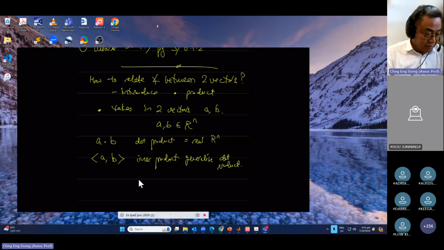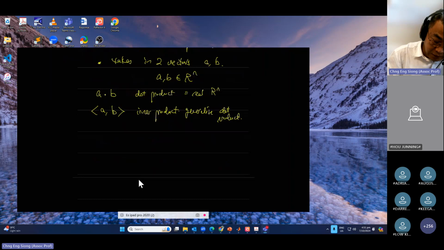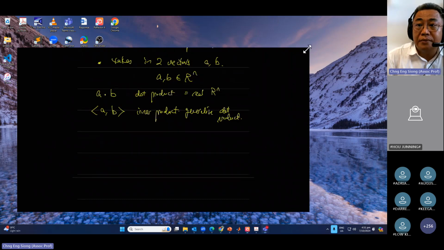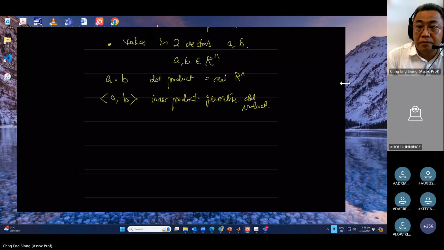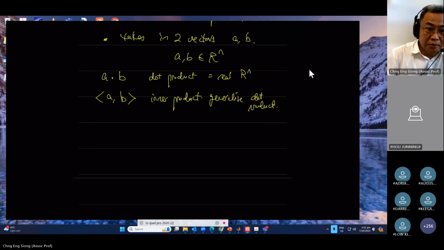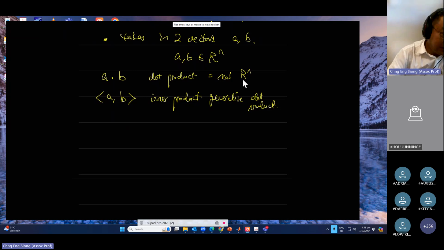All right, let's introduce what the dot product does when we have these two vectors. Again, we have a and b belonging to Rn, real. So we define, this is a definition.